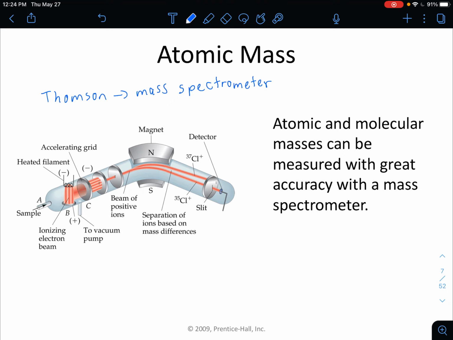So it should make sense that he was working on that as he was trying to figure out the behavior of subatomic particles. You don't have to worry too much about what's going on here. Really, the only reason I bring it up is to tell you that we have an instrument that allows us to measure masses of very small things to a really high level of accuracy.